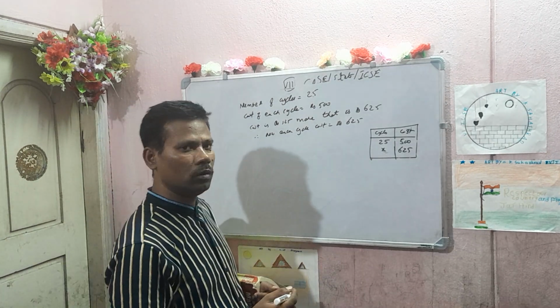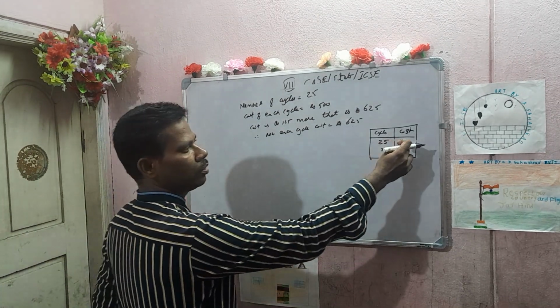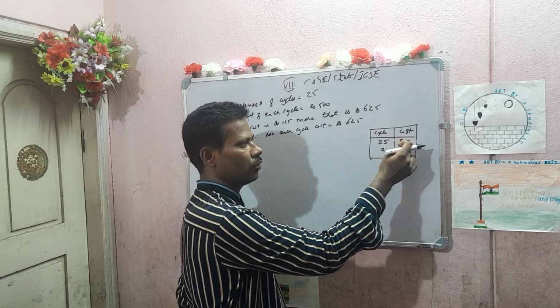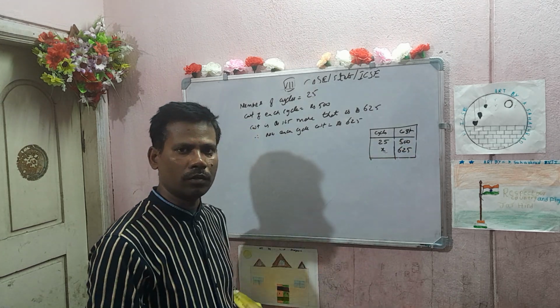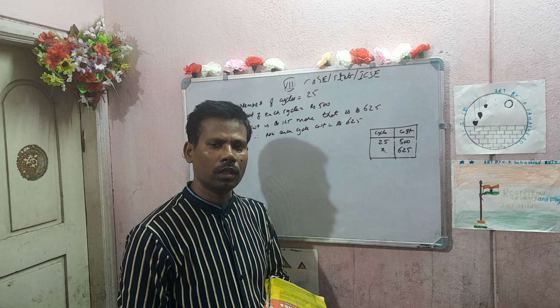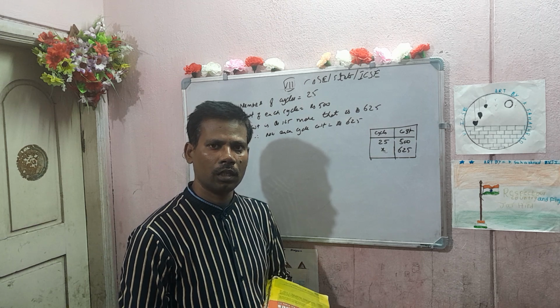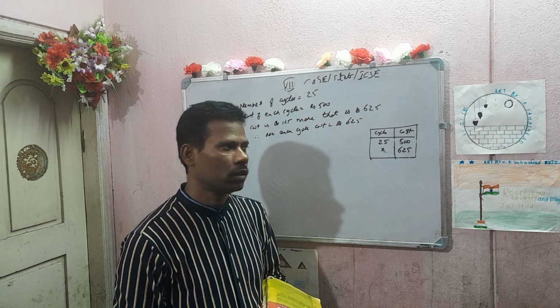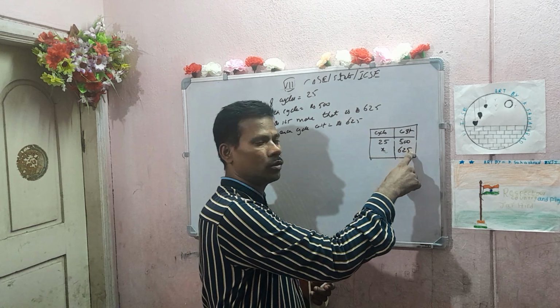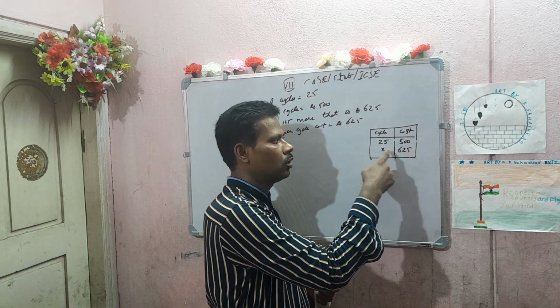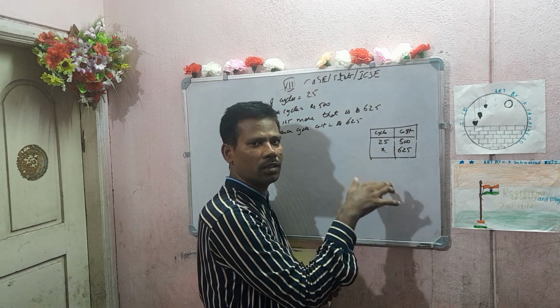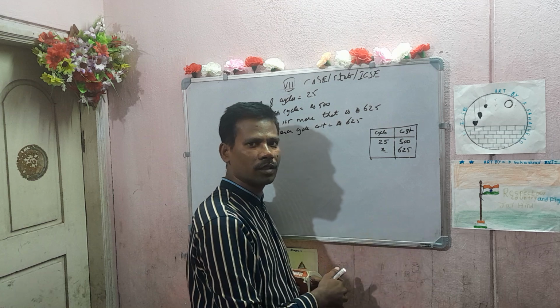Now tell me, the cost is increased from 500 to 625. If the cost increases, then obviously he will purchase fewer cycles, because the cost is increased.